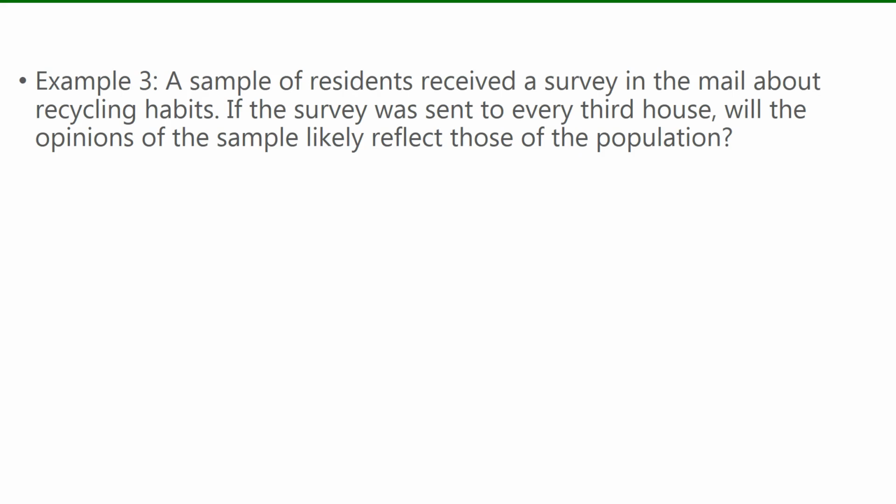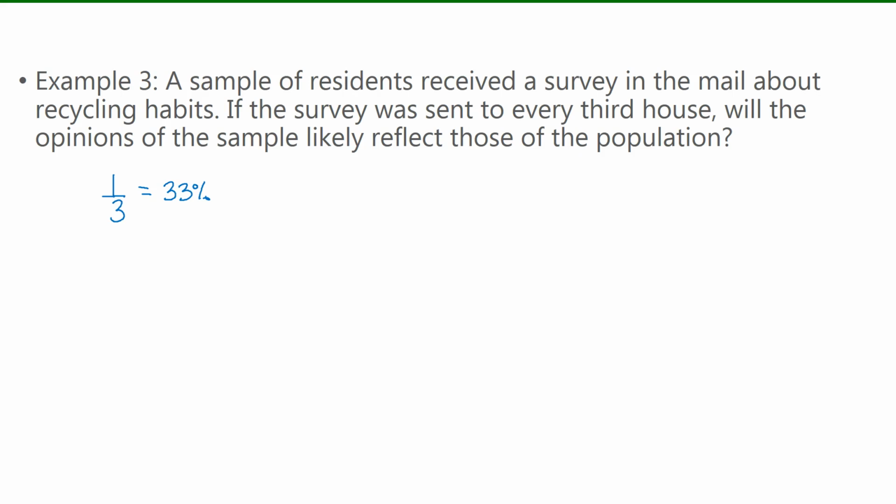Now, example 3. A sample of residents received a survey in the mail about recycling habits. If the survey was sent to every third house, will the opinions of the sample likely reflect those of the population? Now, it was sent to every third house. Now, 1/3 is the same as about 33%, which is a low number, and not every one of those 33% would actually return the survey in the mail either.